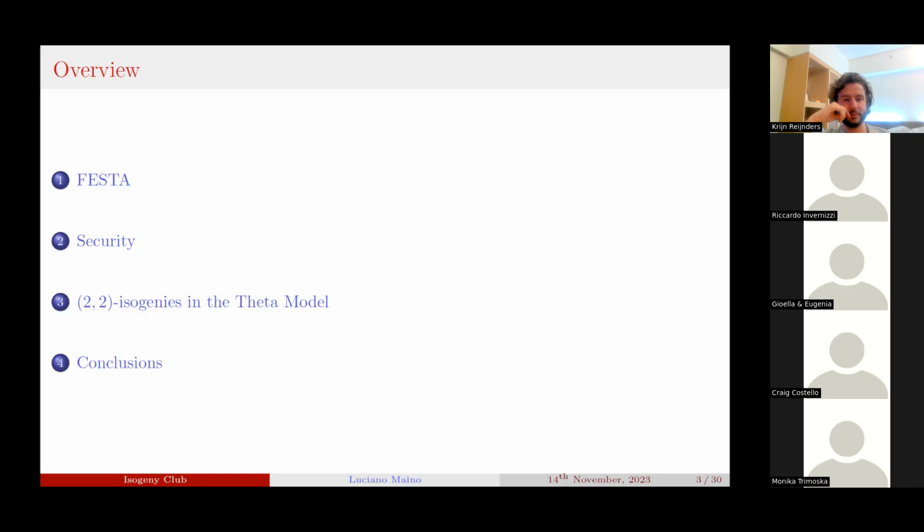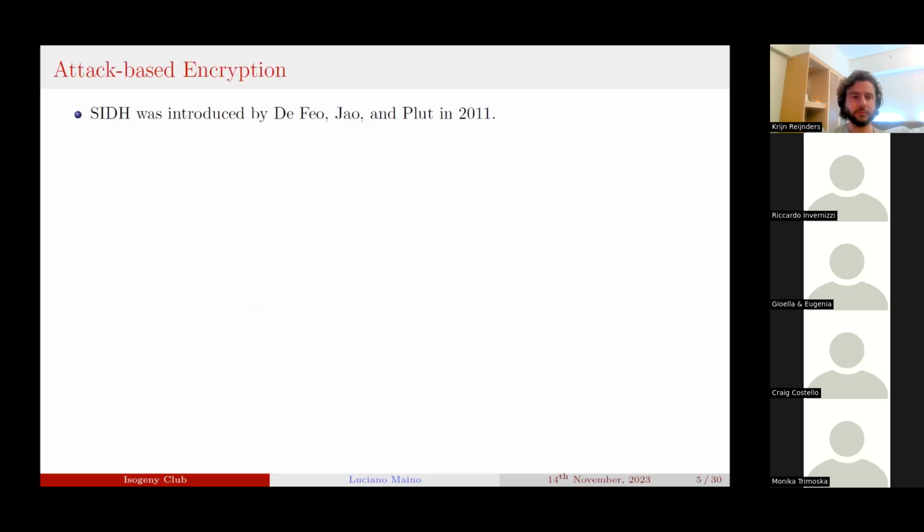One of the main building blocks of FESTA is the computation of a chain of two isogenies between products of elliptic curves, and we do that using the theta model. So I will talk about the theta model and how to compute isogenies in the theta model, and then I will draw some conclusions. So let me start with FESTA.